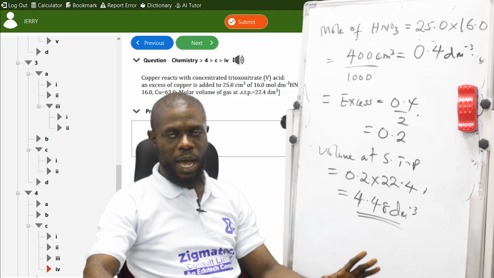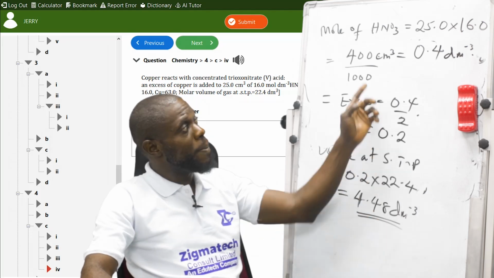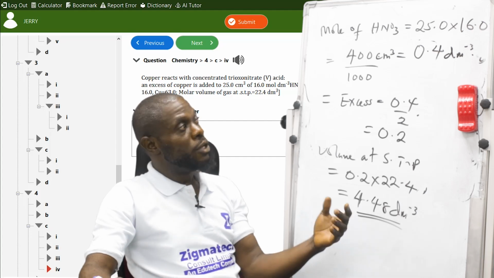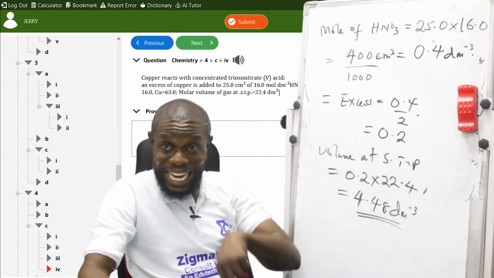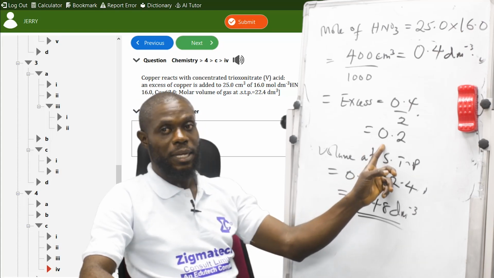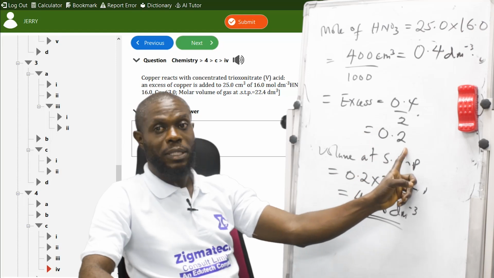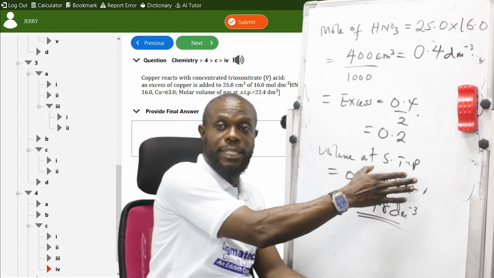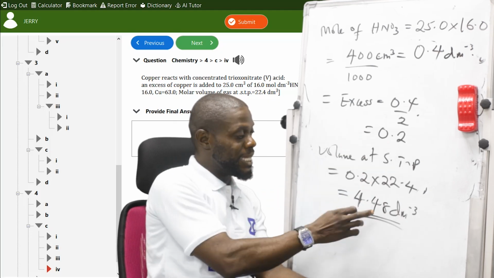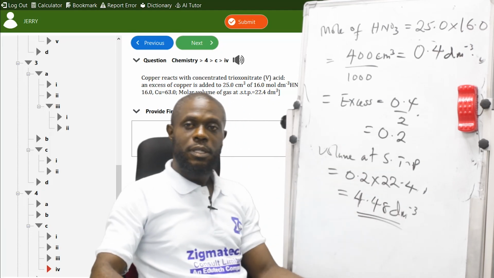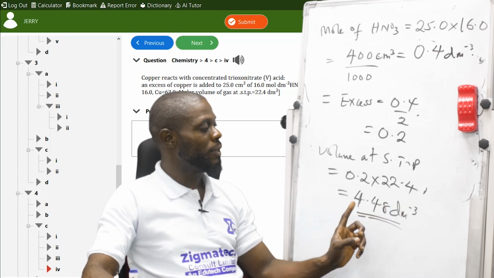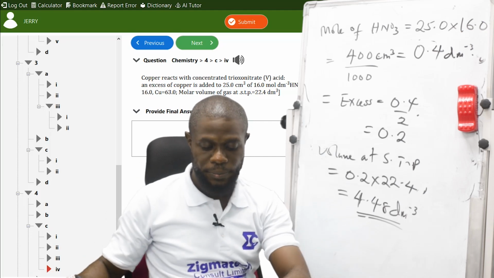We don't know the amount of copper that was added, so we have to find it. Now, the volume at STP will be this amount times the standard temperature and pressure, which is 22.4, which is 4.48 decimeter cube.